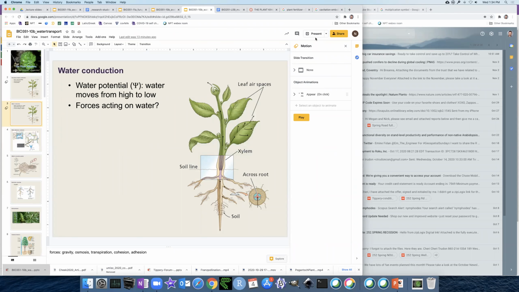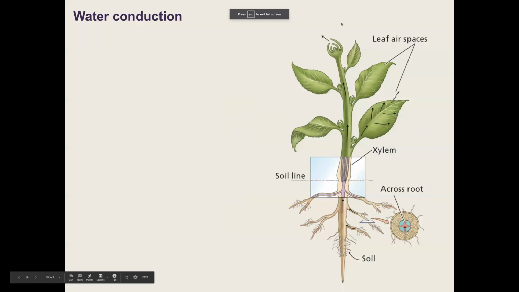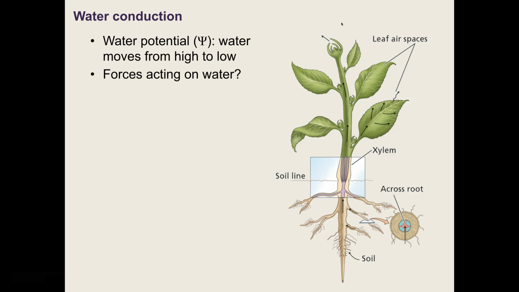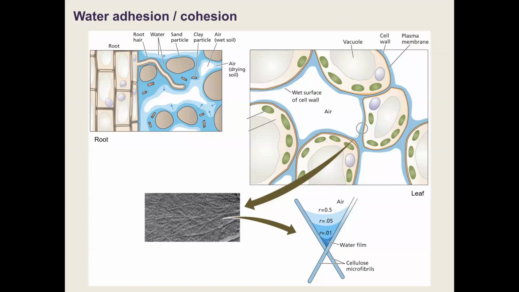Okay, so I just want to illustrate some of the forces that are acting on water, introduce those first, and then we'll see them in action in plant cells. So here's the first one, right? So you stick a plant inside of soil.